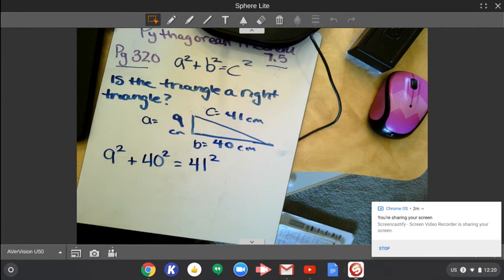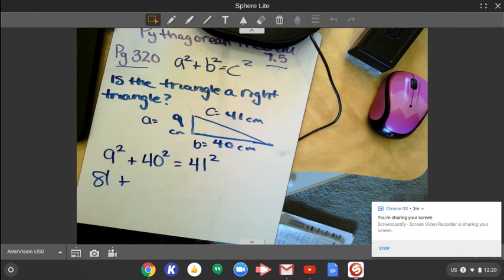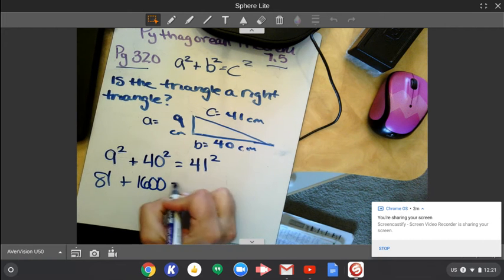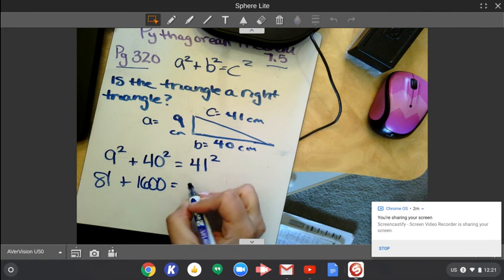Okay, so I'm going to get a calculator. I know this is 81. I know this is 1600. So I'm just going to do, okay, this one I don't know. I don't know 41 times 41. 1681.